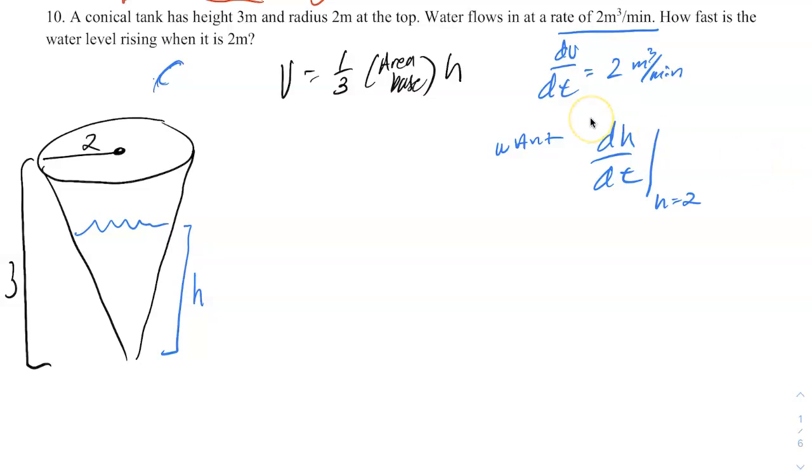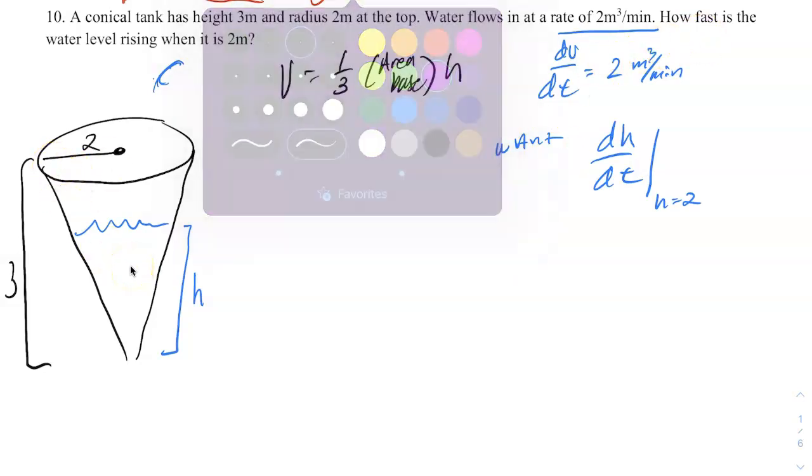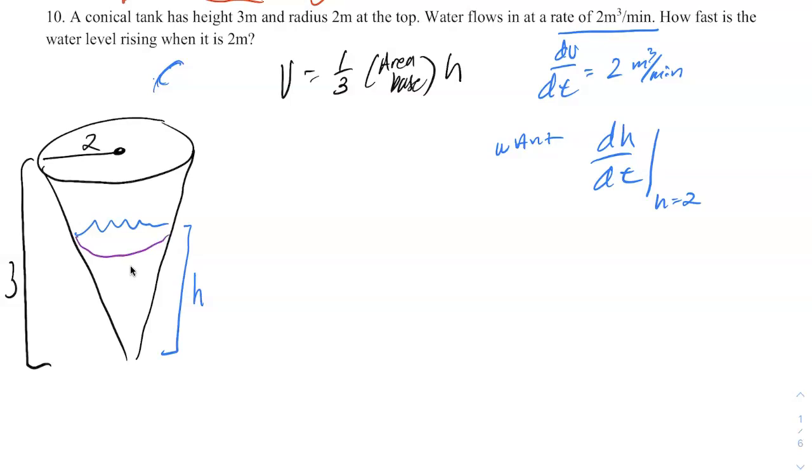Now here's where it gets a little tricky. Now we generally think, okay, the 2 and 3 are not changing, I could find that area, I could plug this in. But you gotta watch out. What we're talking about here for volume is the volume of the water. We're talking about this guy, and this guy has a radius and a height, which we don't know.